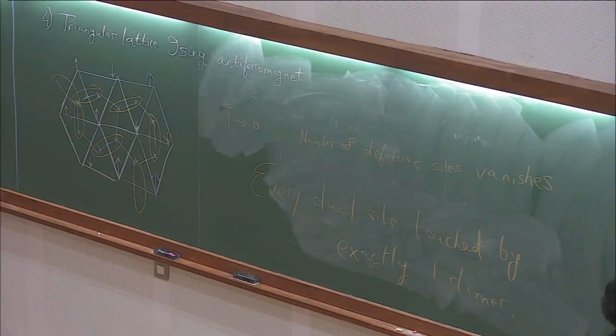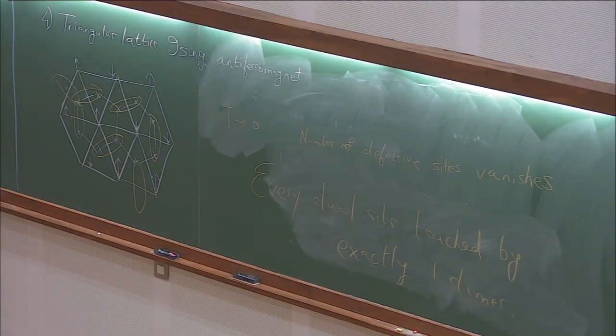The reason simply is if you take any circuit on the original lattice, you start with this spin, you go here, you go there, and you come back. You must get back to the same spin, obviously. That means the number of spin flips you encounter must be even, right? Since there are 3 links here, the number of frustrated bonds must be odd, right? So you can have 1 or 3, but not 0 or 2, right?